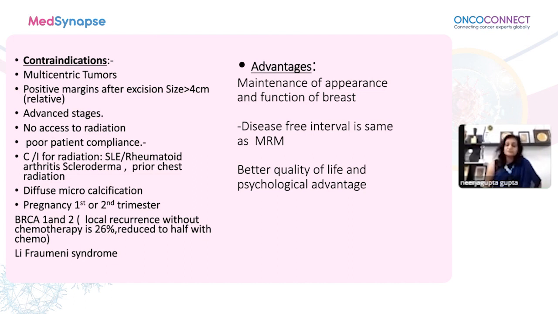After that, the patient may be asked to undergo a multi-gene panel in which she may turn out to be TP53 gene positive. And if this is the situation, then definitely radiation is not a good option, unlike in TP53 negative patients.